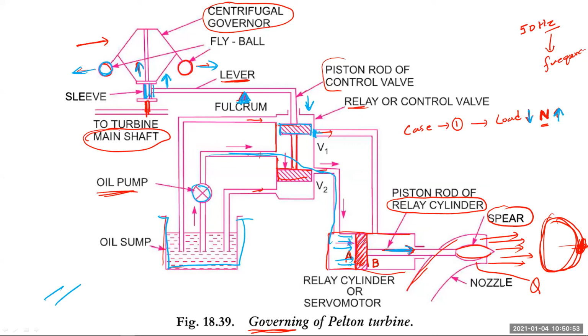When force on this side is applied, this piston will move in forward direction, and what will happen? It will regulate the discharge. The discharge will be reduced. As the discharge will reduce, automatically the speed of turbine will reduce and come to the desired level. So this is case 1.